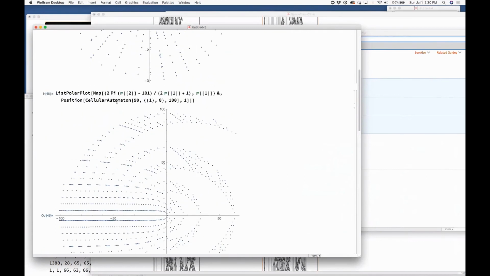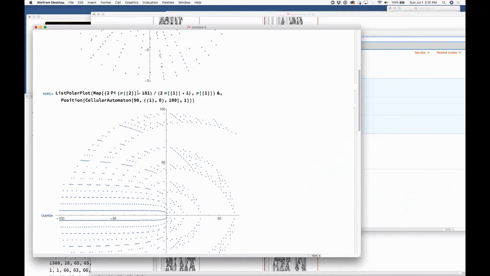So what we're doing is, for each, we're looking at the position of the ones, and each of those positions is basically a time step and a horizontal position. The horizontal position is relative to this array. By subtracting the 101, I'm centering it so that the initial one is in the middle. And then what I'm saying is, get me an angle that goes from, oh, no, this isn't right.